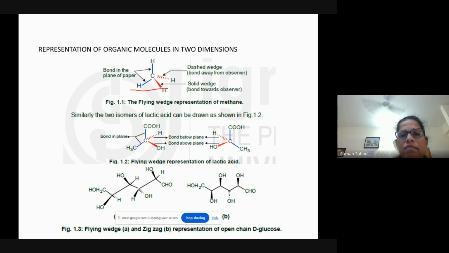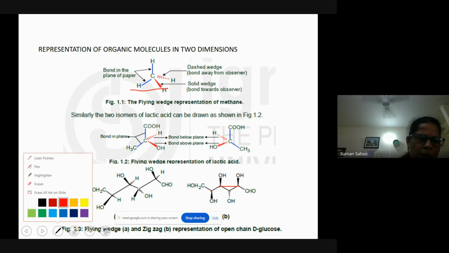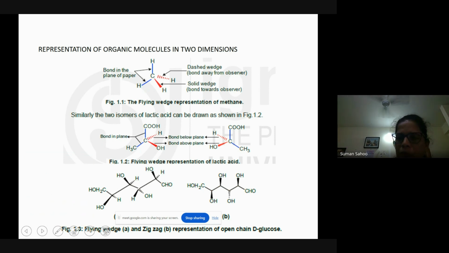We can also represent it in a zigzag fashion, when we have lots of carbon centers. In a zigzag fashion, we have the carbons, and we do not put our hydrogens here.